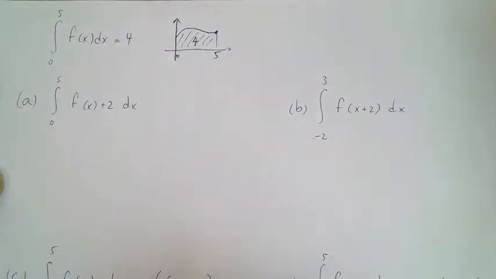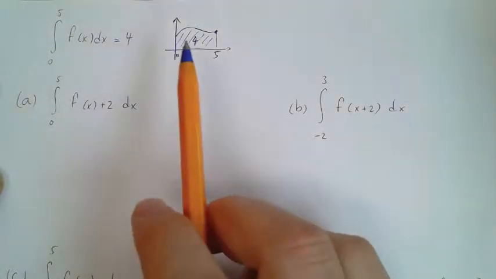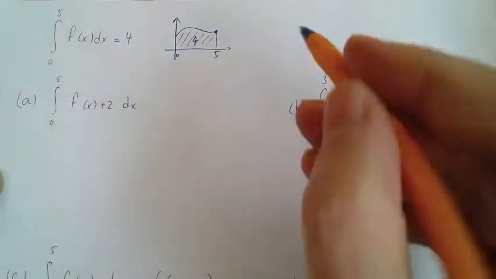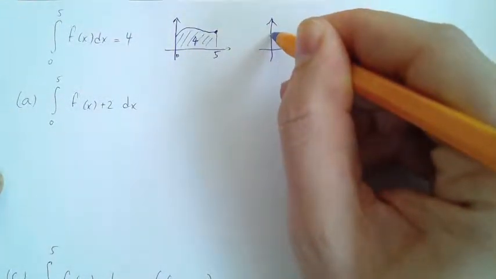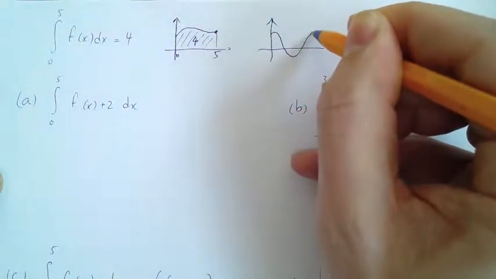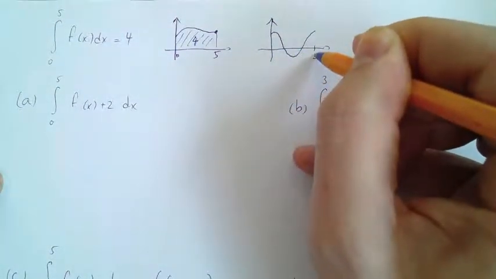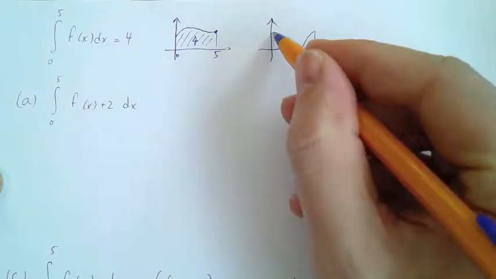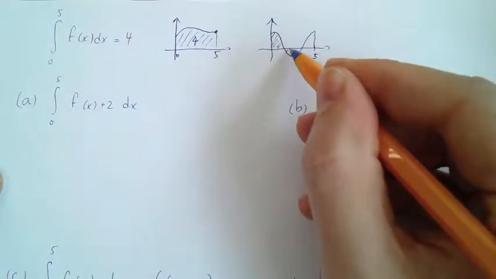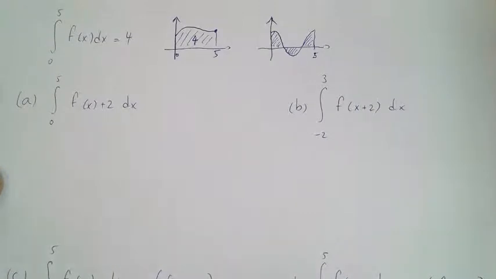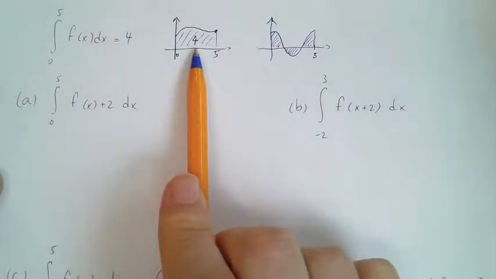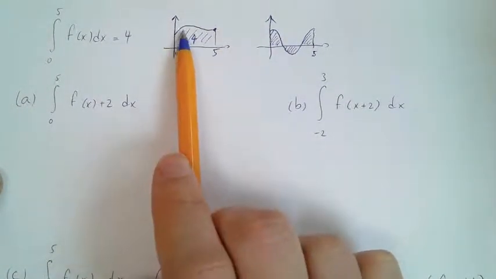By the way, I'm showing a function that is above the x-axis everywhere, but it's also possible that f of x is something like that, and that this area minus this area plus this area equals 4. But it's going to be probably easier to just focus on a function like this one here.